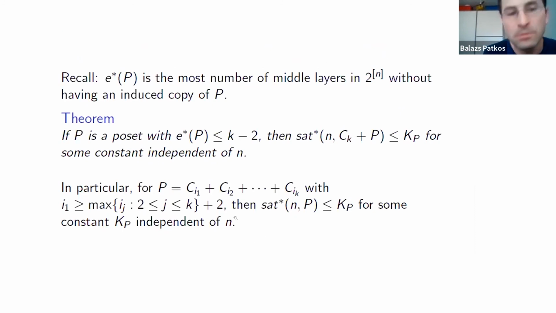And what we know from a theorem is that if the longest chain is at least 2 larger than all the others, then actually it is bounded by a constant. So we have some information, but we are far from having any general ideas when the induced saturation number is bounded or unbounded.